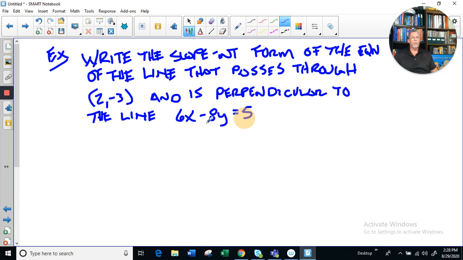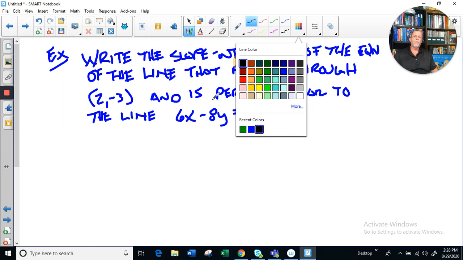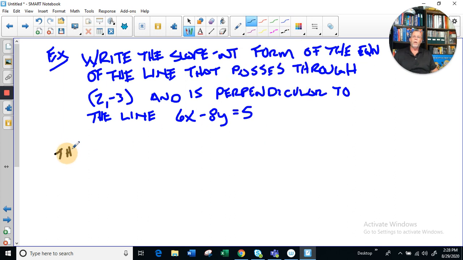But they've said perpendicular, so I want to talk about that for a minute and look, again, I'm going to paraphrase another theorem that defines what perpendicular lines are.